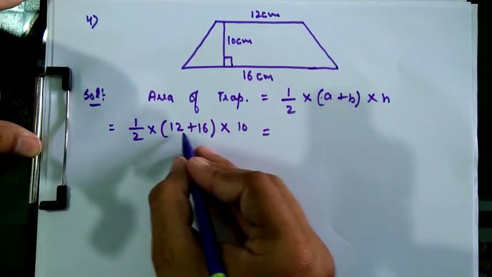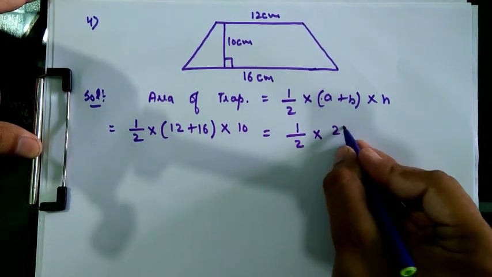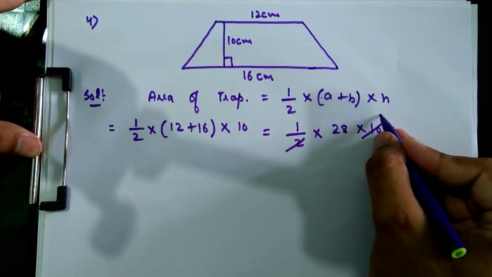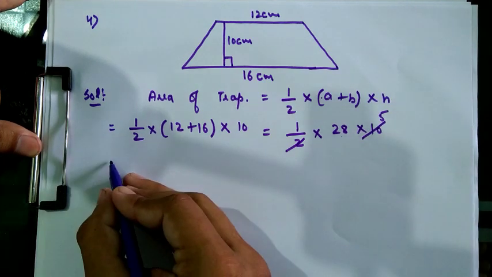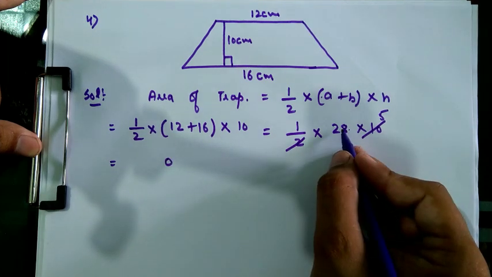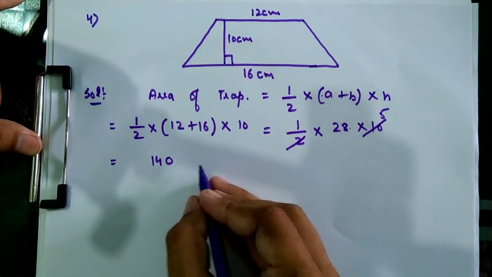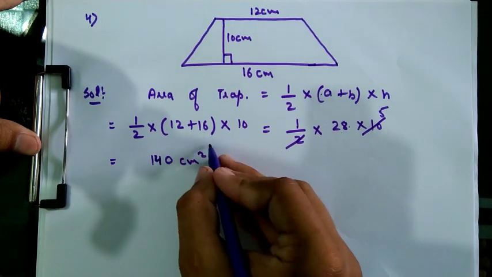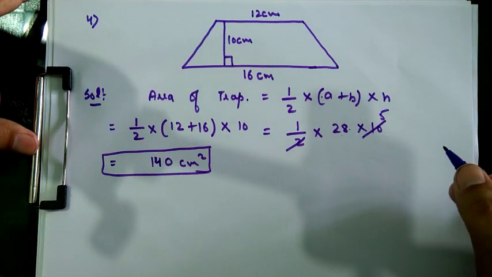Add both of these, you will get 1 by 2 multiplied by 28 multiplied by 10. So here you will get 5. 28 into 5: 8 5s are 40 and 5 2s are 10, so 140. Now you get 140 centimeter square. It's the area of the trapezium.